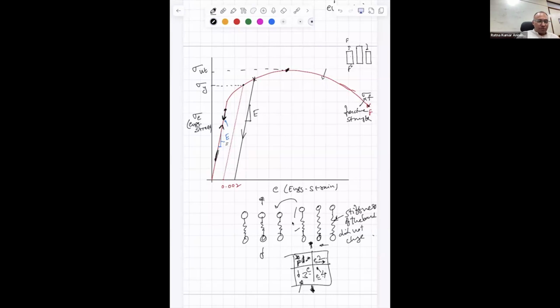Is that clear? If I loaded the specimen up to here, then I have unloaded and it comes to here and then it goes here. So now when I have removed the stress, the stress is zero, but is the strain zero? No, sir. Although I have removed the external load, the stress has become zero, but the strain is still there.